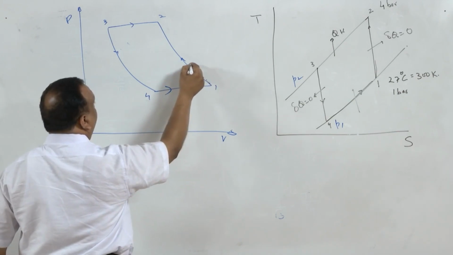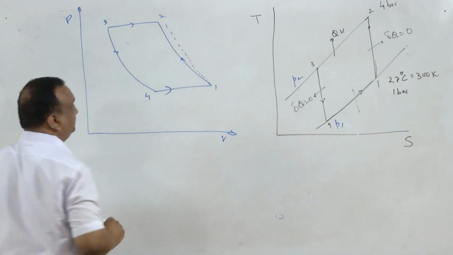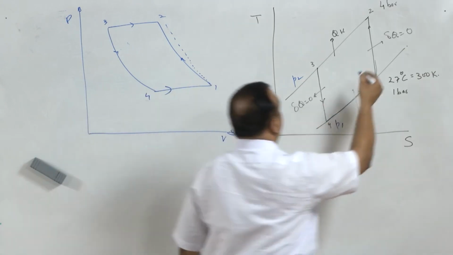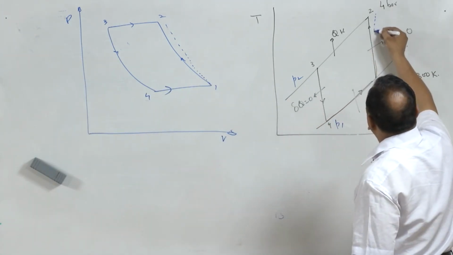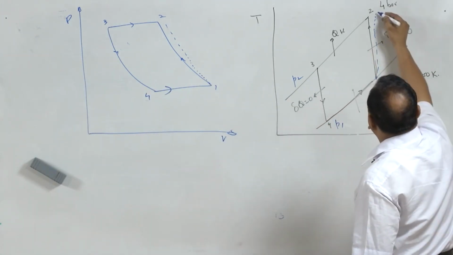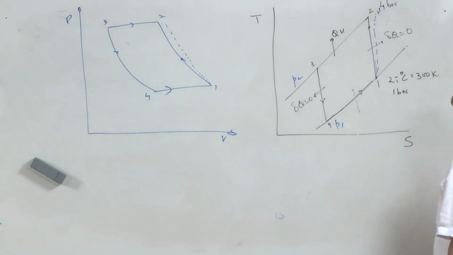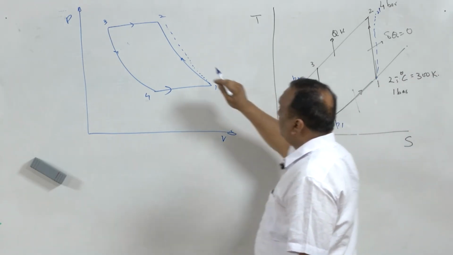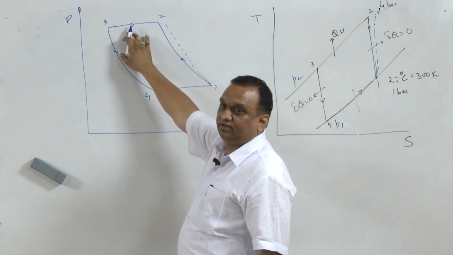The process will be something like this. It can be shown here as the entropy has increased during this process, so it is 2 dash. For cooling also, the temperature may not remain constant.